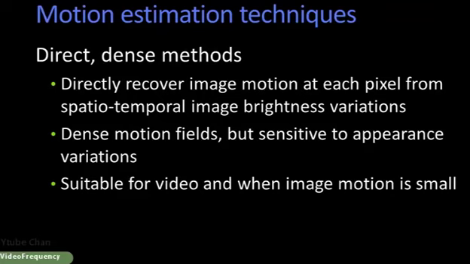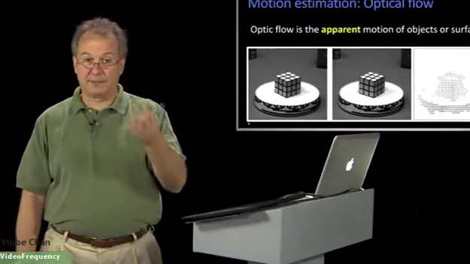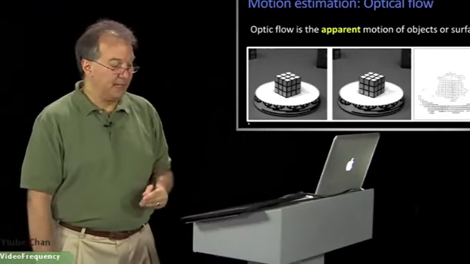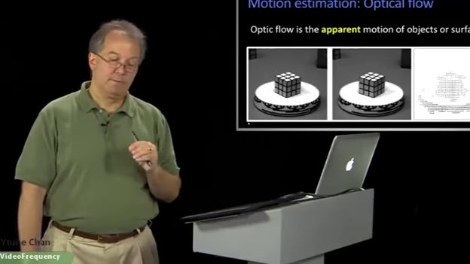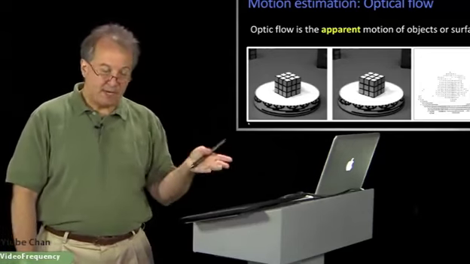It can be sensitive to appearance changes, but as long as you're getting video-like sequences where you have frames sampled regularly and frequently, it works pretty well. The first thing we have to do is define what's called optical flow or optic flow, because what we're going to be recovering today is the optic flow. And the optic flow is the apparent motion of objects or surfaces or pixels. And the reason I say apparent will be clear.